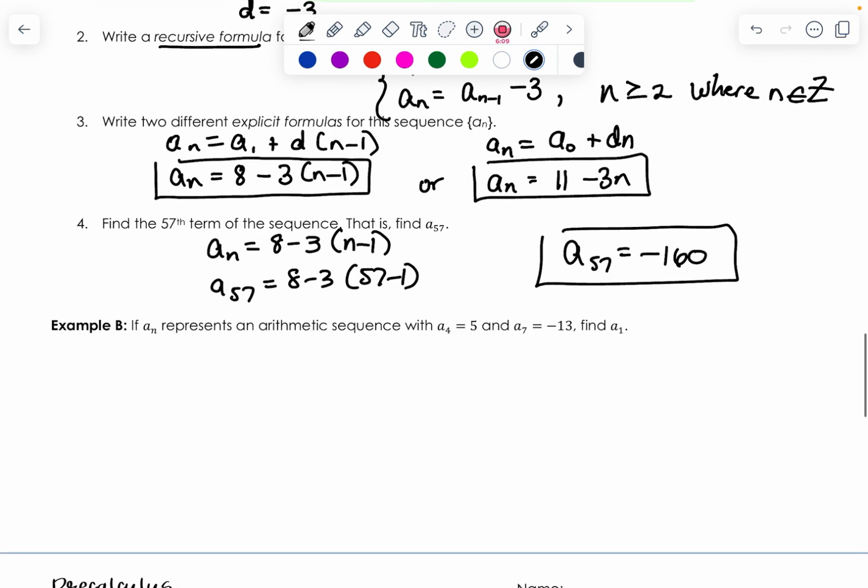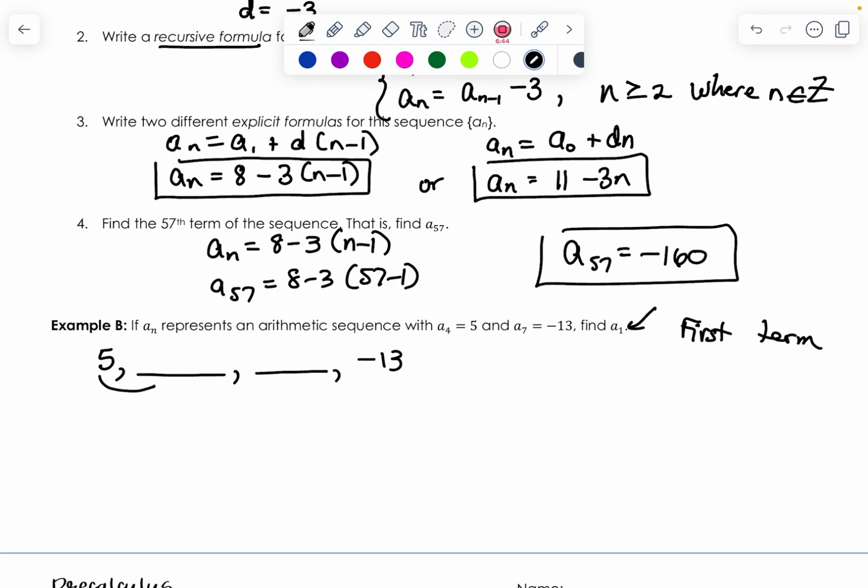All right, example B. If a sub n represents an arithmetic sequence with a sub 4 is 5 and a sub 7 is negative 13, find a sub 1. This means find the first term. Well, let's do this. If I start with 5, that's a sub 4. Then I'd have a sub 5, a sub 6, and then here's a sub 7.